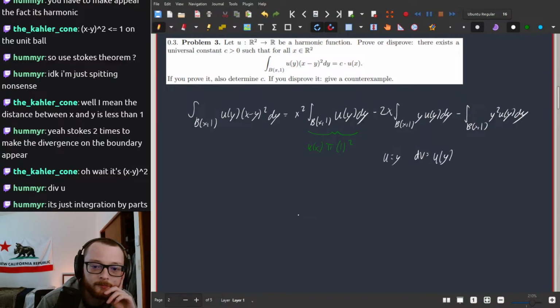Teehee. The integral over y of u of y dy, I don't really know what this means.